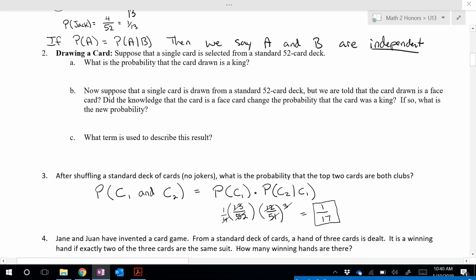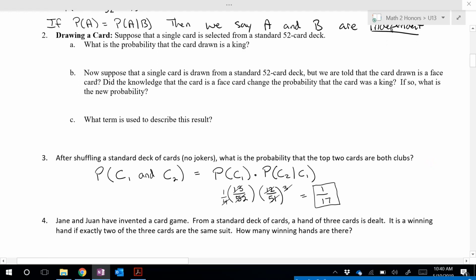So it's 13 out of 52 times 12 out of 51, and I just kept reducing it until I got 1 out of 17. You okay with that? I reduced it.